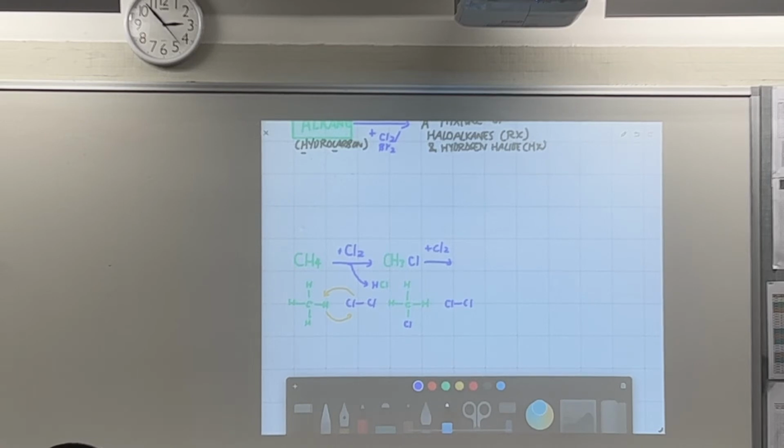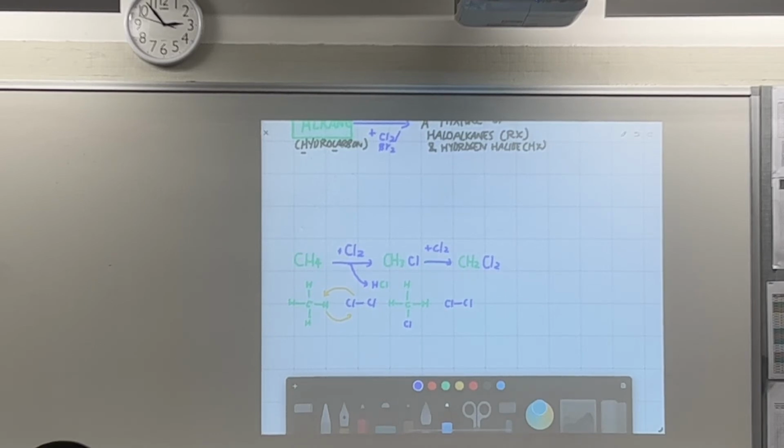CH2Cl2. Can anyone name it? Dichloromethane, yes. No need for numbering because there's nowhere else. There's no other carbon you can attach the Cl to. There's only one carbon, so there's no confusion.